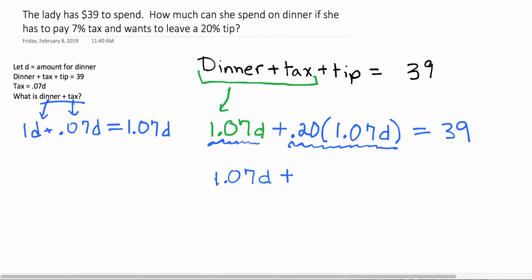So we've got 0.214D equals 39. Now these guys are like terms. So I'm going to take 1.07 plus 0.214, and that gives me 1.284D.